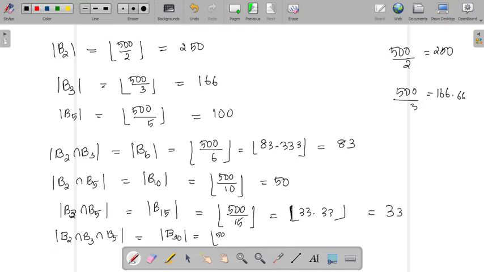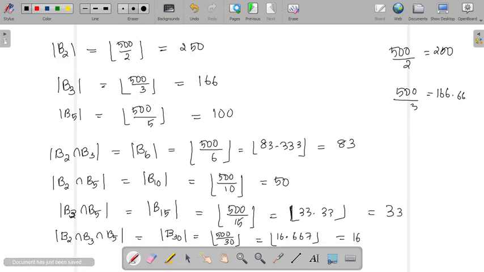So you will get 500 by 30. So that is equal to the integer function of 16.667. So that will be equal to 16. So we have got the cardinalities of B2, B3, B5, then the intersections, 2 taken at a time and all the 3.